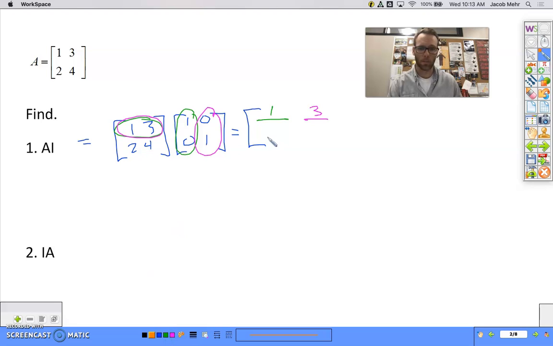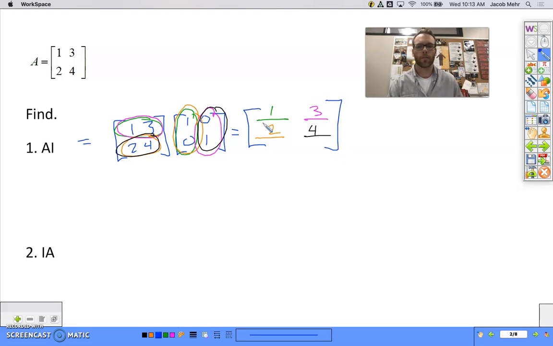Let's go to the bottom left. Bottom row, left column, 2 times 1 is 2, 4 times 0, that's just 0. This is 2. And lastly, bottom right, bottom row, right column, 2 times 0 is 0, plus 4 times 1 is 4.